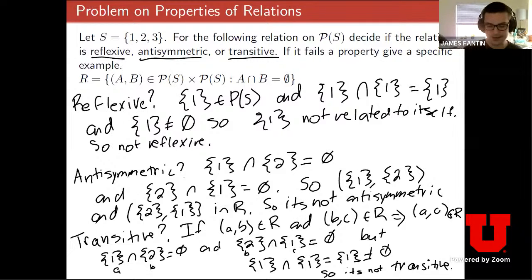But I would be wary to say that it holds in general, that if something's not reflexive and not symmetric, that implies it's not transitive. In this case, that holds, but I'd be wary to make that generalized statement. I'd have to think about that a little bit more. But I think you can find an example that is not reflexive, not symmetric, but actually is transitive.